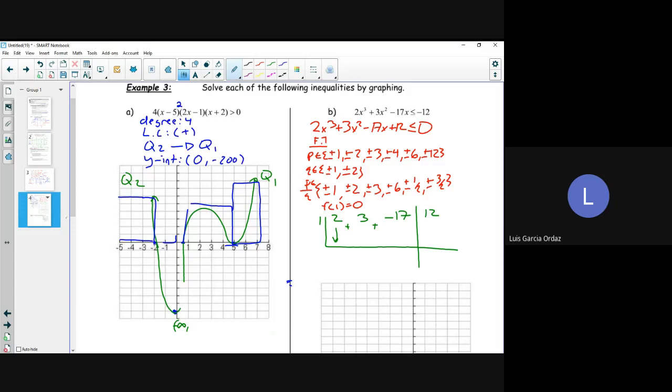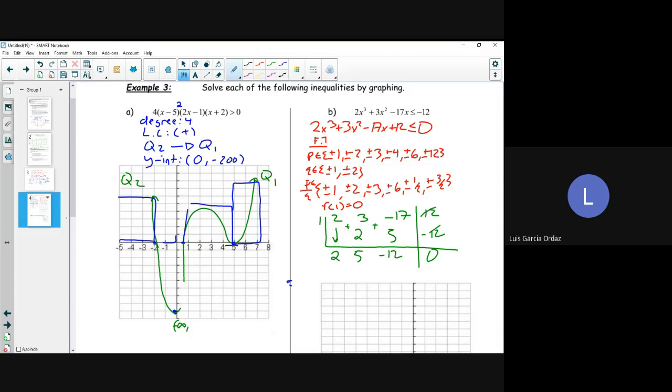We bring the 2 down. 2 times 1 is 2. Negative 17 plus 5 is negative 12. And we're left with a remainder of 0, which is what we wanted all along.